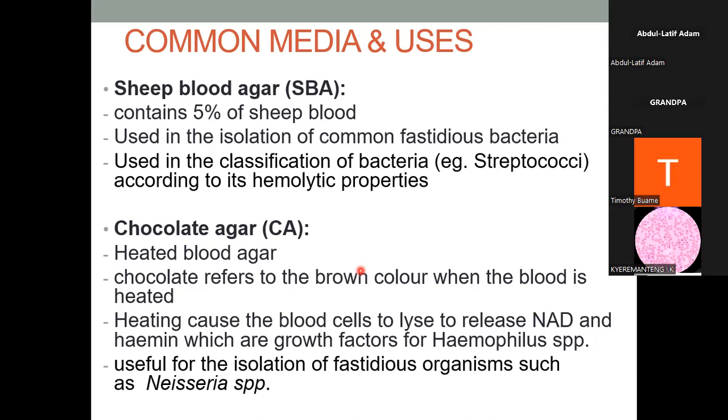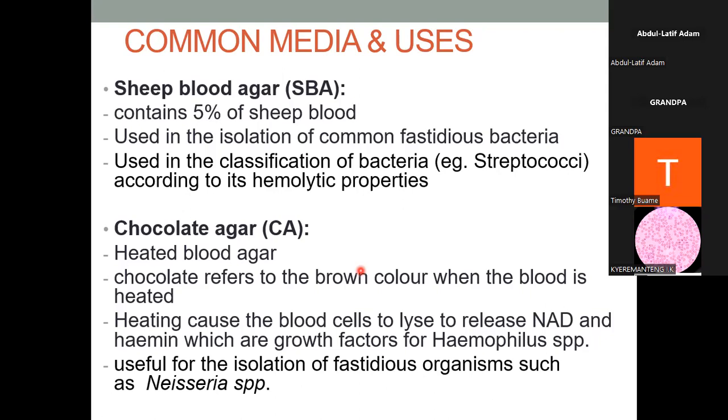Okay, right. Now the chocolate agar is also important to grow Neisseria. So the two organisms which normally will not grow on blood agar, but grow on chocolate agar, will be Neisseria and Haemophilus. So take note, it depends on how the questions are set.